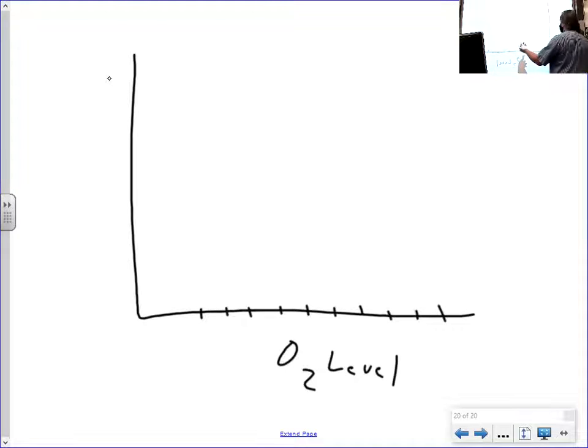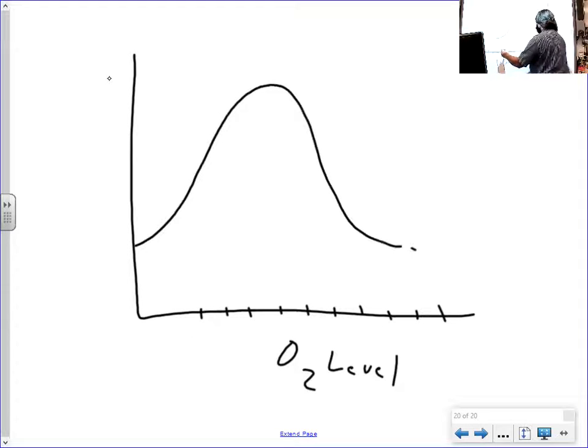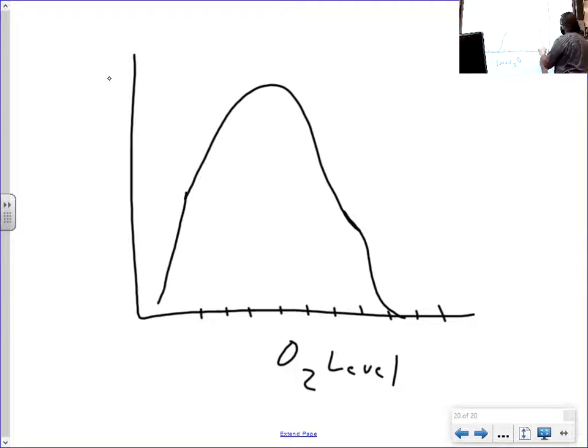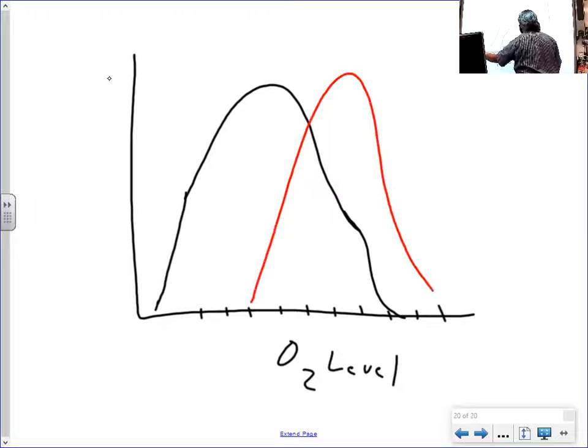You have one species that really likes the lower end of the oxygen level, and so you have the species that exist like this. Let's go down to 0. And then you introduce a species that lives like this. Is that going to be able to stay like that?